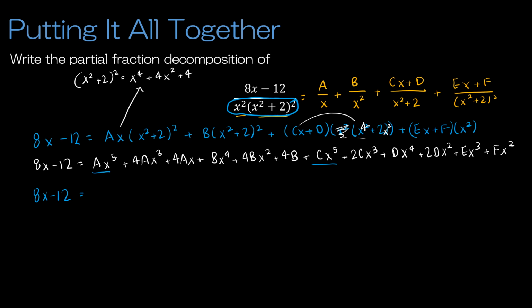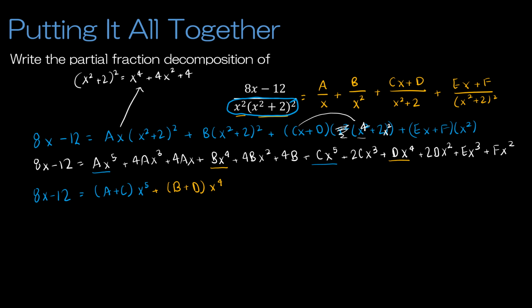So I'm going to have a plus c x to the fifth. And now I'm going to look at to the fourth power. That appears to be all I have. So I'm going to have plus (b plus d) x to the fourth.